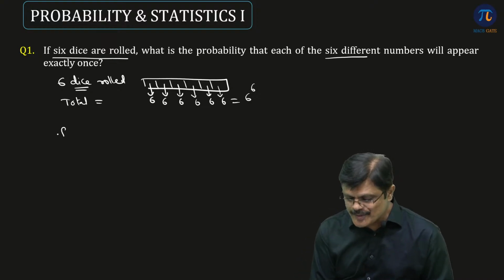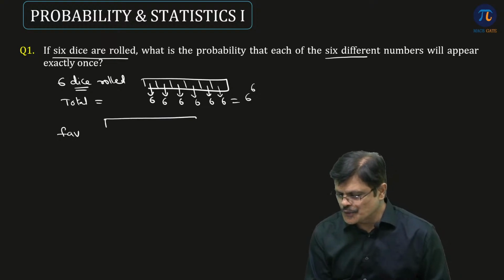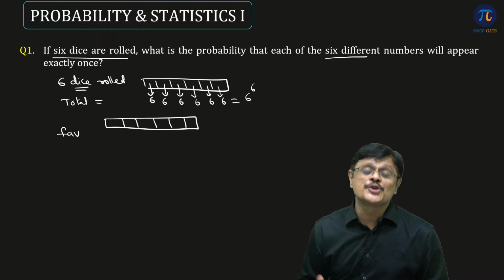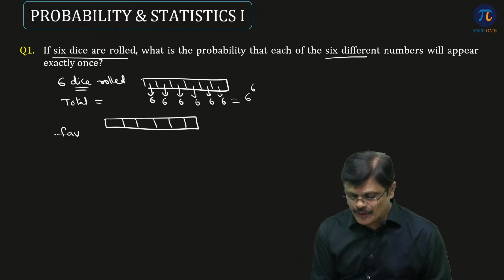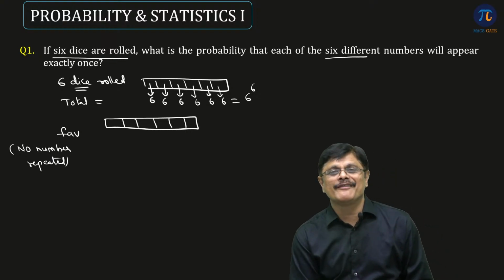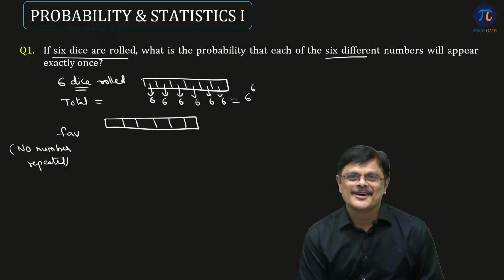So what is the favorable situation here, sir? You rolled 6 dice. No number should be repeated. Of course, this question you can ask only when 6 dice are rolled, maximum 6.